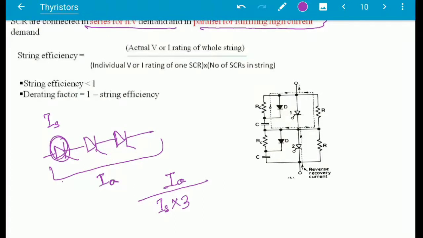String efficiency is always smaller than 1, and there is another term, the derating factor, which is 1 minus string efficiency.